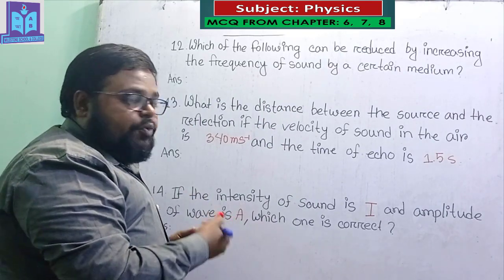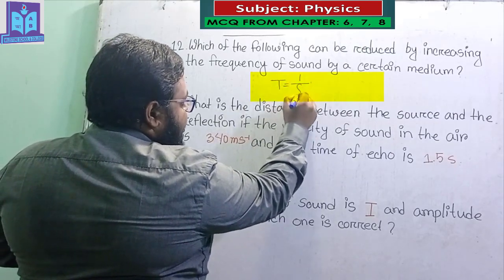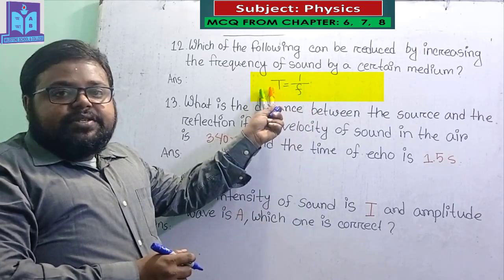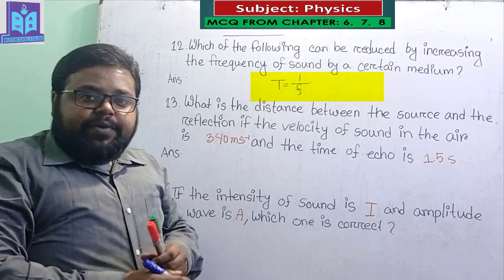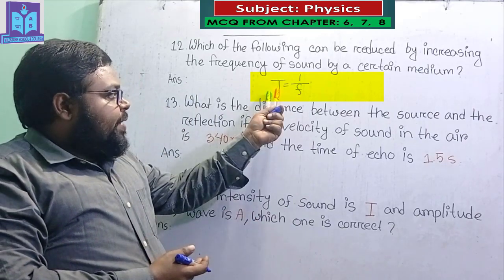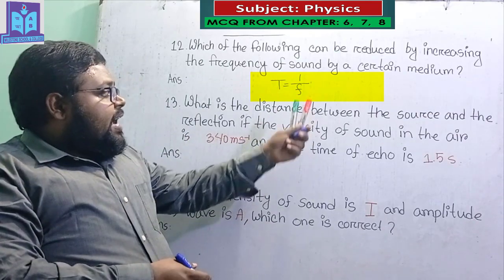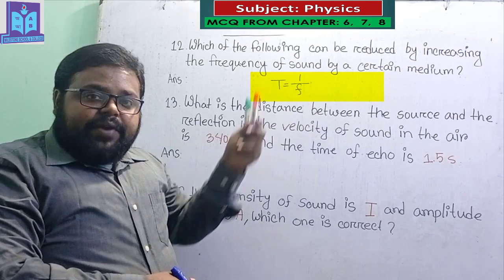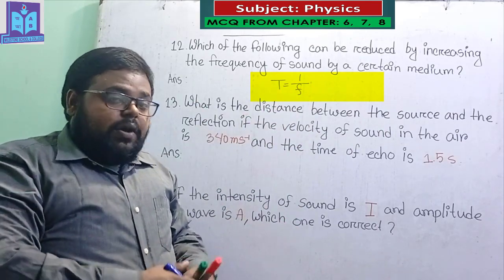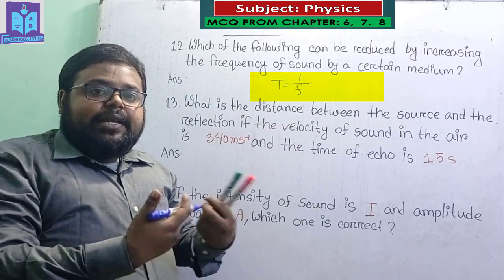We know that the relation between time period and frequency is T equals 1 by F, where T is time period and F is frequency. Here you can see that the relation between time period and frequency is inversely proportional. That means if the frequency is increased, then the time period will be decreased. So I hope you understand. If I increase the frequency, what will decrease?